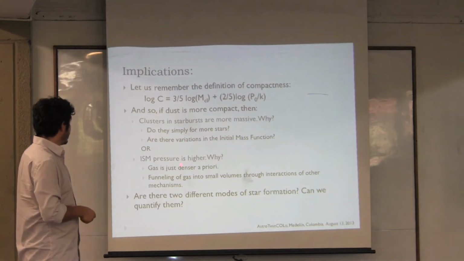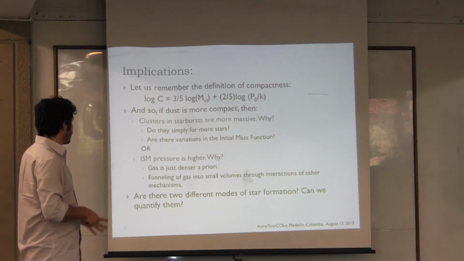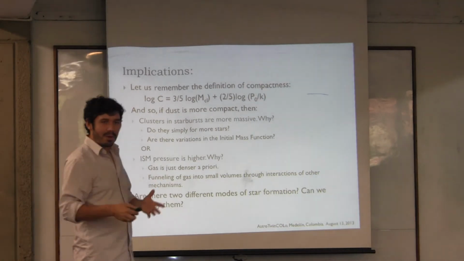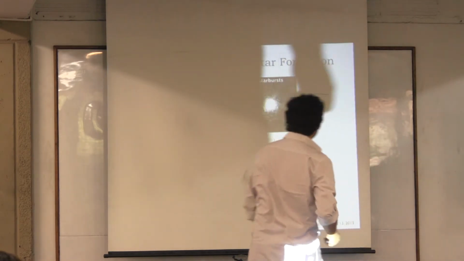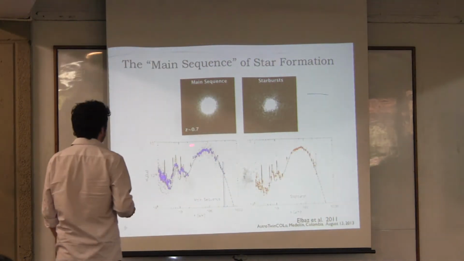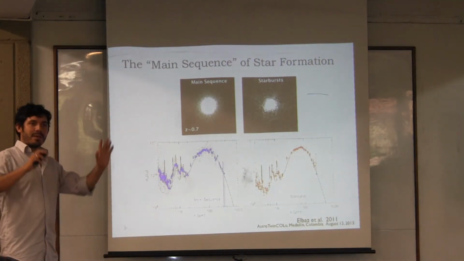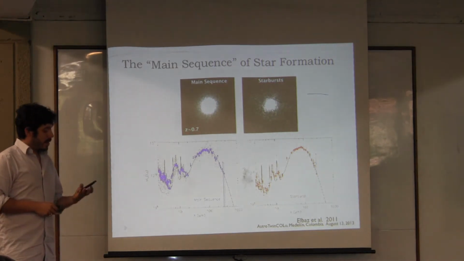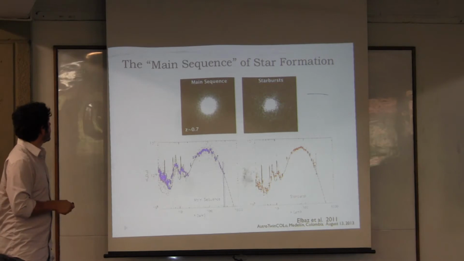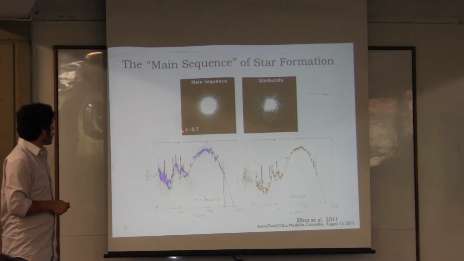And so are there actually two different modes? Is there a compact mode of star formation and a not so compact mode of star formation? That's the next question. And it was interesting because all these galaxies I showed you here were galaxies, I'm running late, that are local, very close by in cosmic terms.